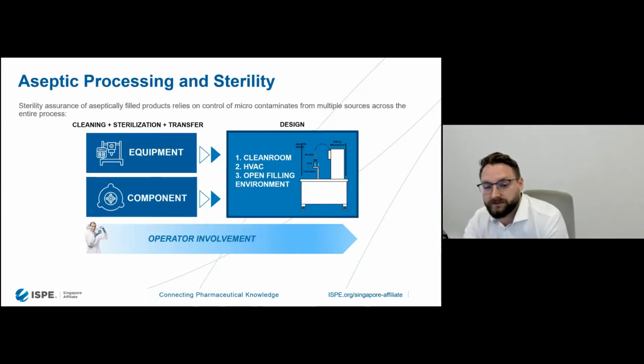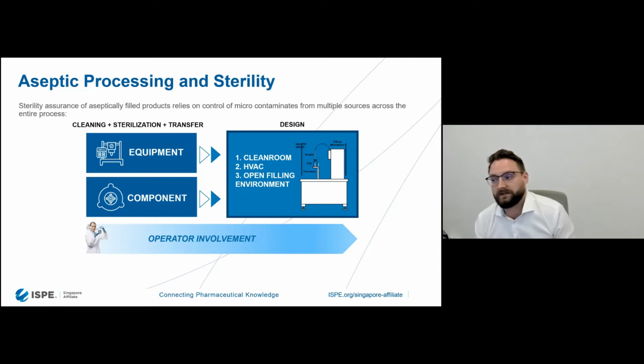So the assurance of sterility relies on control of microcontaminants from multiple sources across the entire process. The entire manufacturing process is quite complex. There's the equipment washing, sterilization, component washing, sterilization, transfer to the filling room, transfer into the filling line.